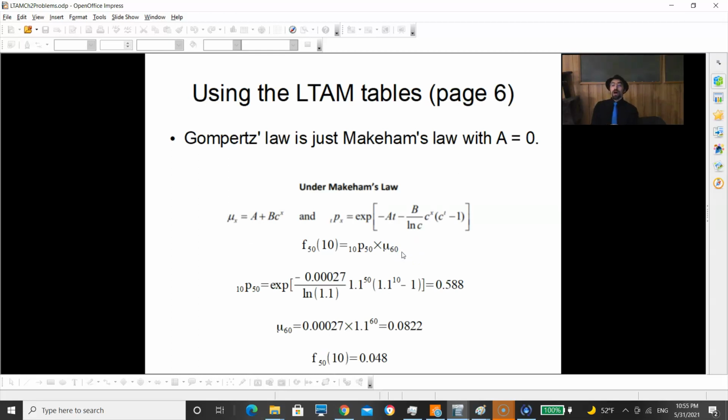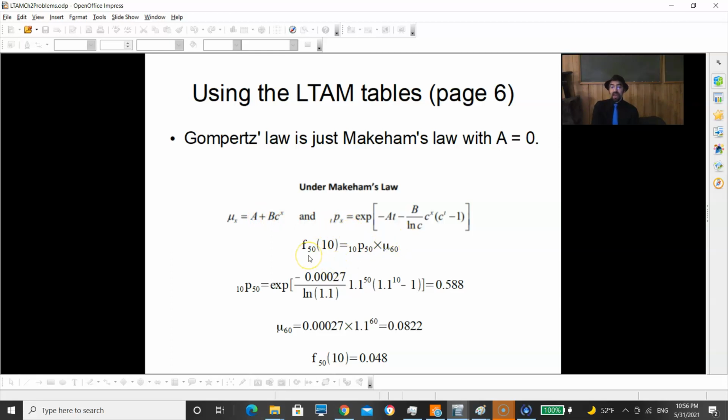So, looking up in page 6 of the LTAM tables, they give you force of mortality of X and survival probability of X and T for Makeham's law. You just set A equals 0, B equals 0.00027, C equals 1.1.